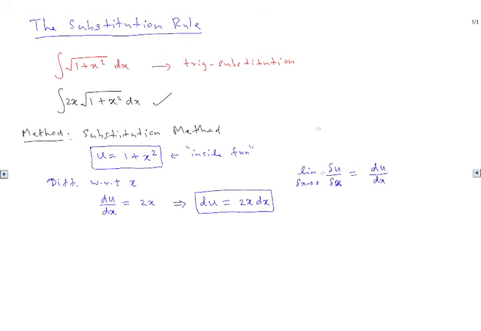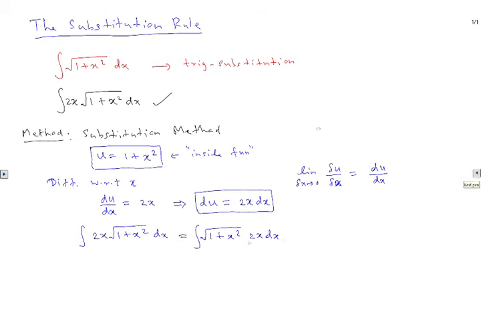Let's go back to the problem. We have the integral of 2x times the square root of 1 plus x squared dx. You don't normally want to do this, but since this is the first example, I'm going to show the steps. I'm going to move the 2x closer to dx just to show you what's going on.